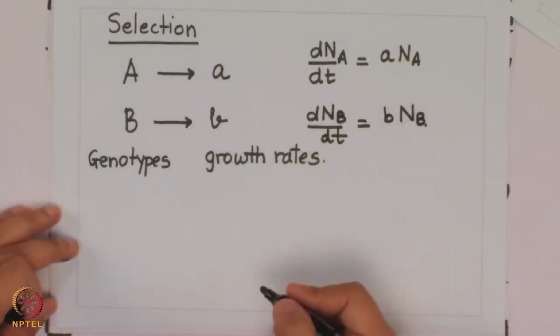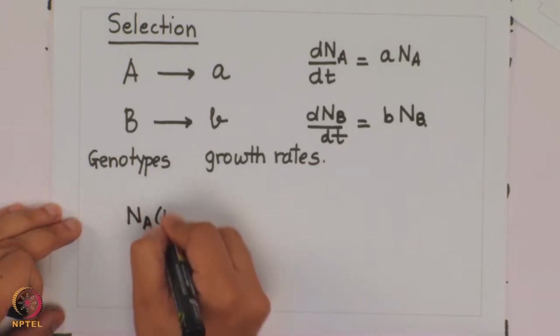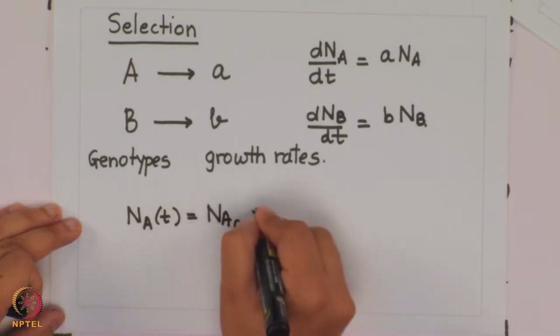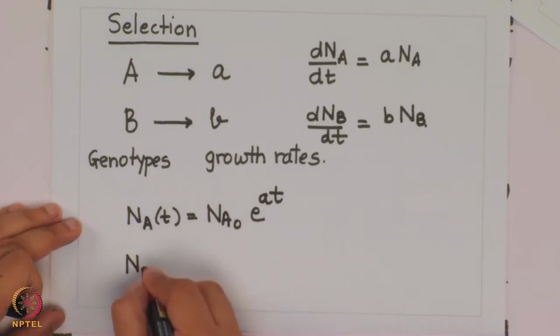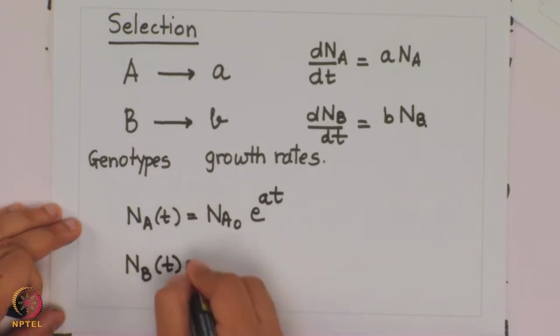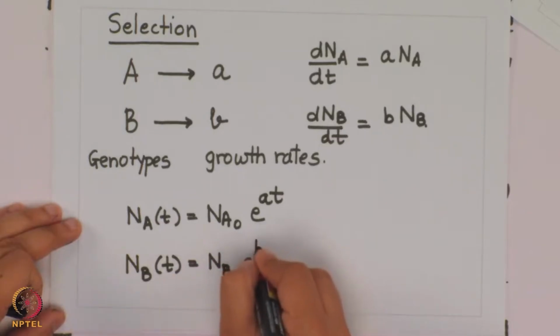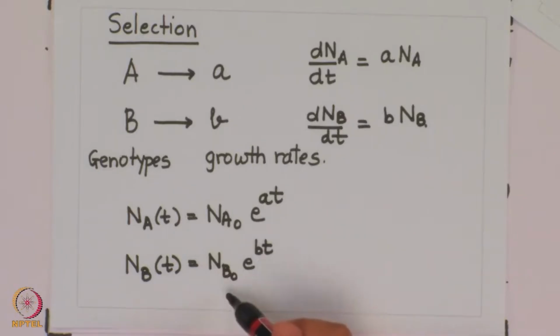Now, we've already seen the solutions to these equations, and we know that Na with time is equal to Na naught e to the power At, and Nb(t) is equal to Nb naught e to the power Bt, where Na naught is the number of A individuals that we start with at t equal to 0, and Nb naught is the number of individuals of type B at time t naught.